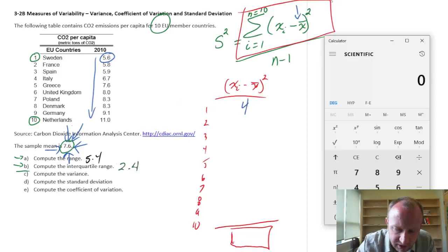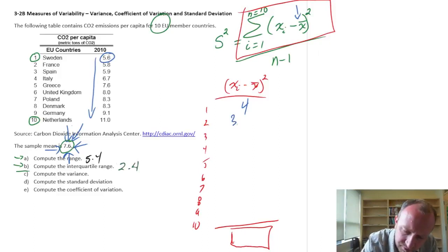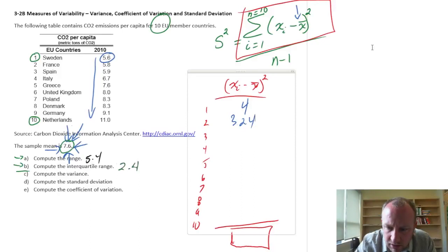And now we have to carry on, only 9 more times. 5.8 minus 7.6 equals, square it, 3.24, and on and on.